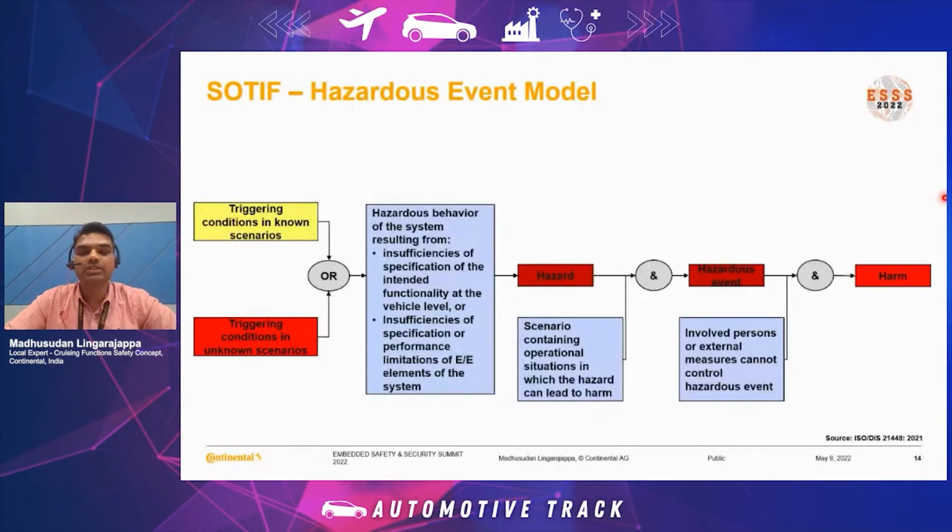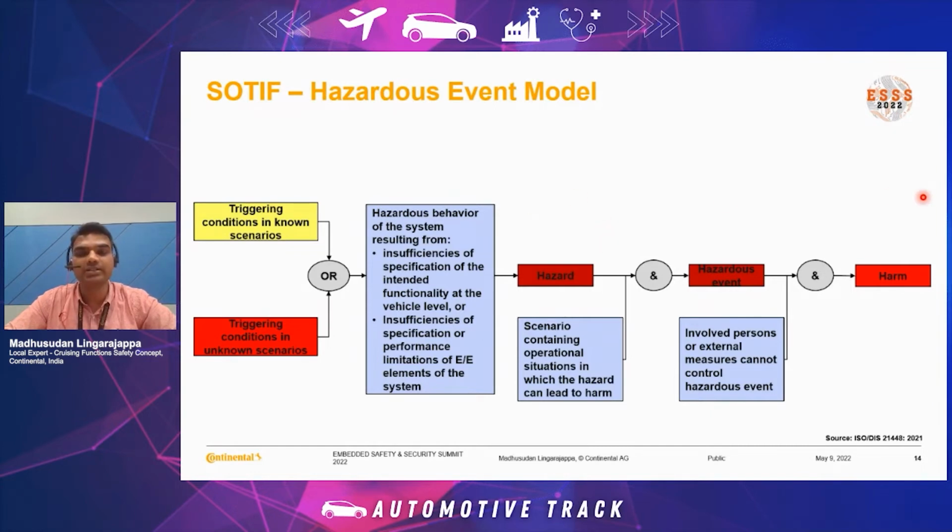In the previous slide, we have seen the different areas, area 2 and area 3. Area 2 is the known hazardous scenarios and area 3 is the unknown hazardous scenarios, which may lead to hazardous behavior of the systems, which causes insufficiencies or some performance limitations to the sensors, which will lead to a hazard.